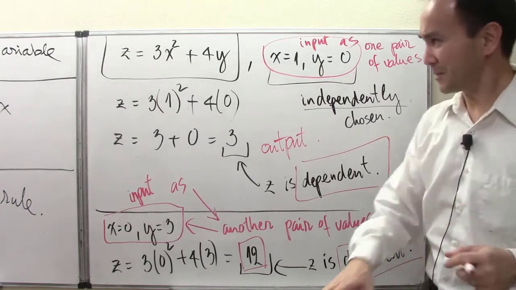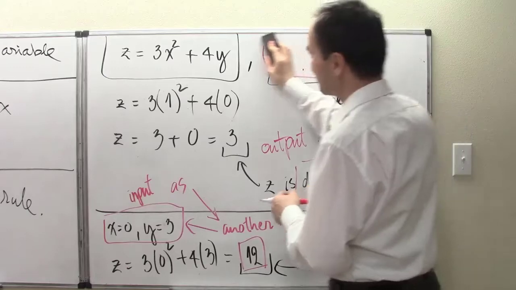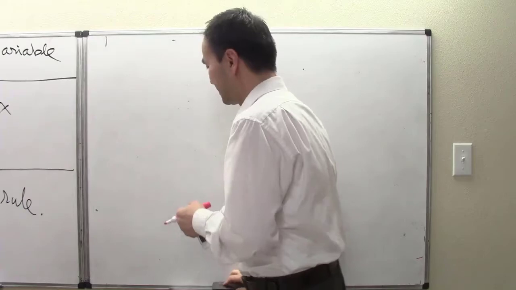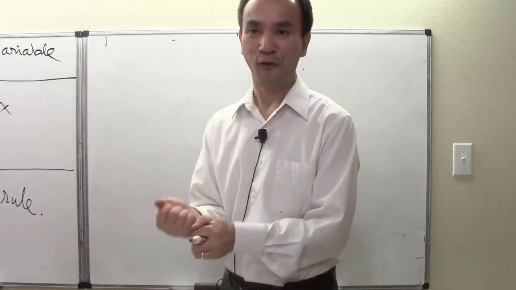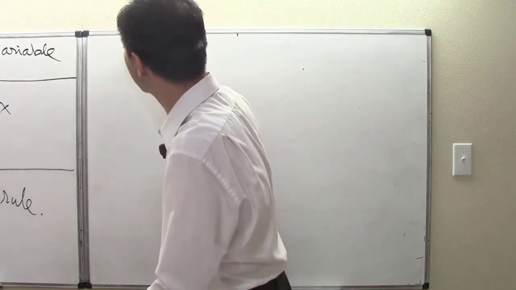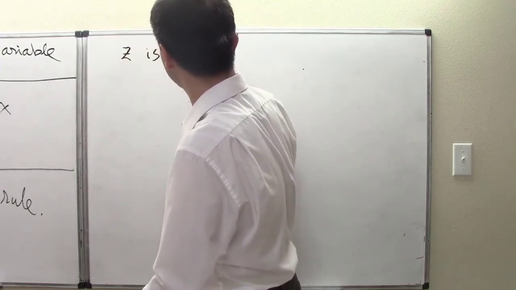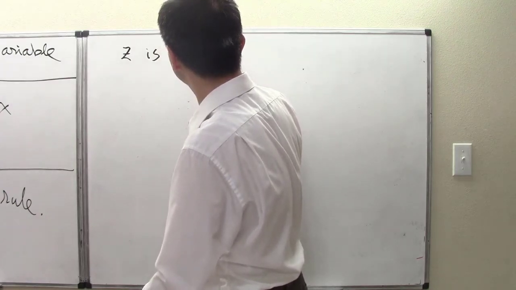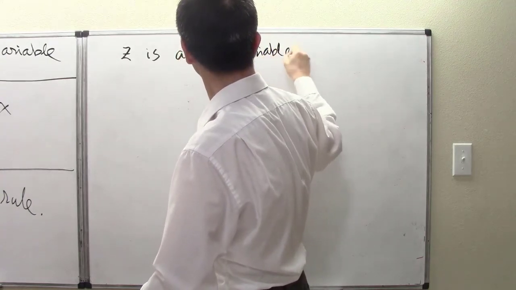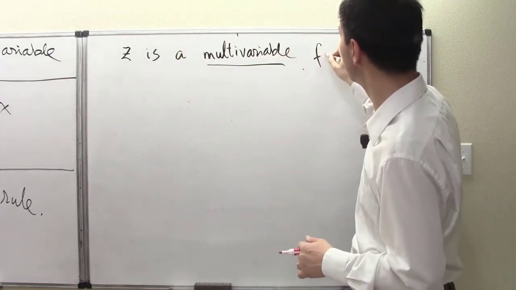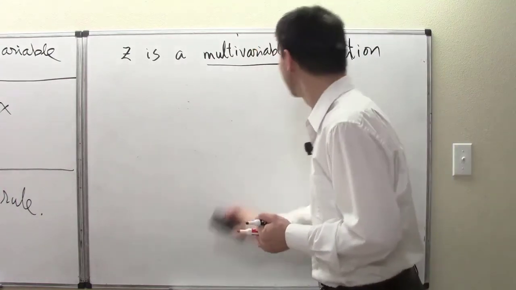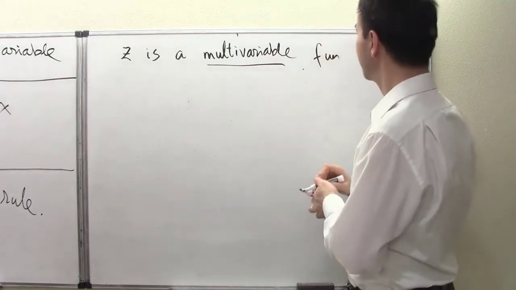All right, and so now at this point I can erase this. Now we can formally name that. Z is a multivariable function.